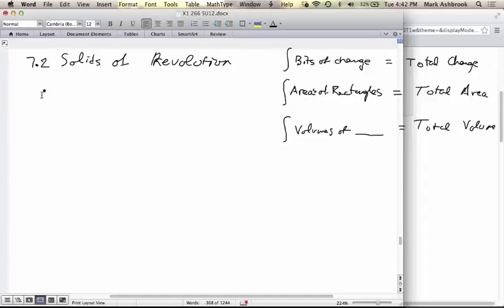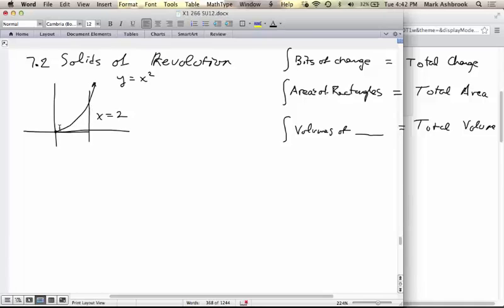Okay, so let's look at something real simple here. Let's say y equals x squared, and we'll look at the line x equals 2 and the x-axis.